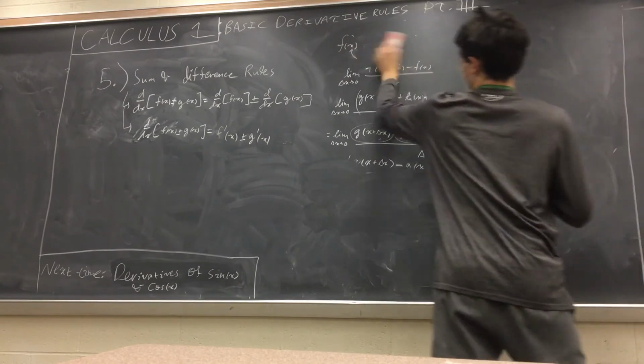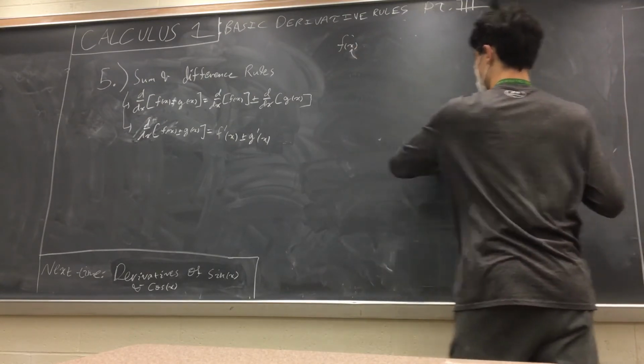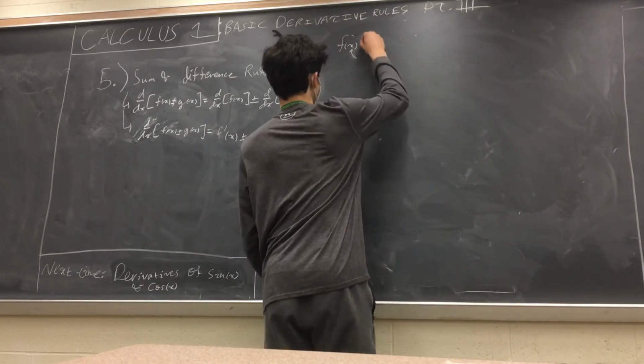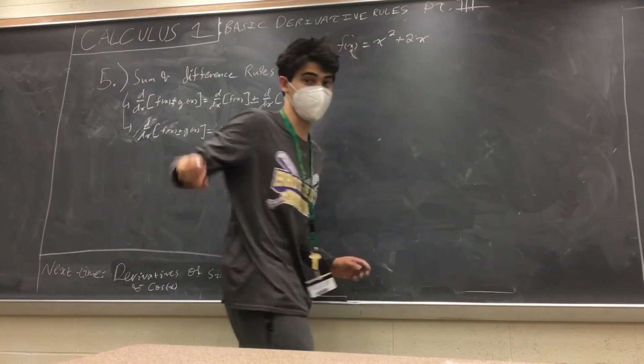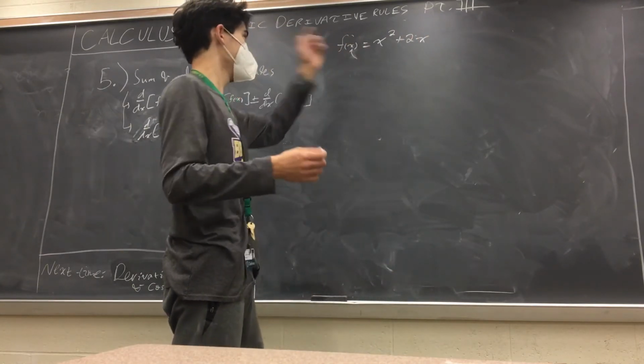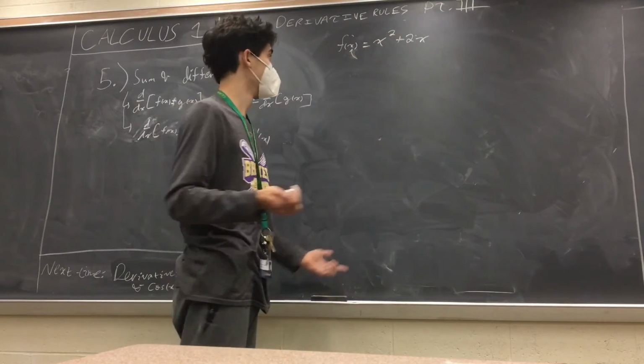So let's do an example. Say f of x is equal to x squared plus 2x. This here is a fairly standard polynomial.